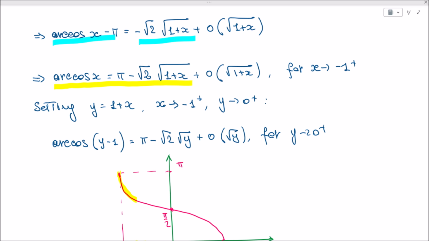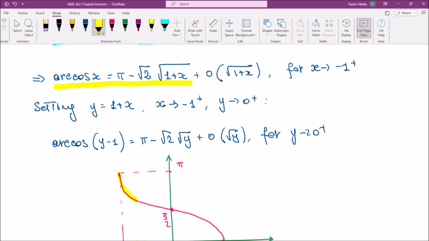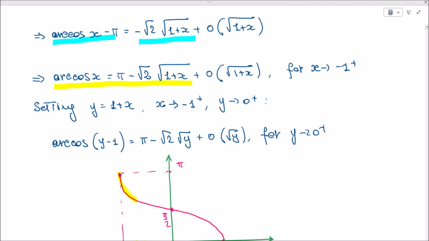So we can replace the arc cosine function with a function pi minus square root of 1 plus x, which we can imagine would be a function like this.